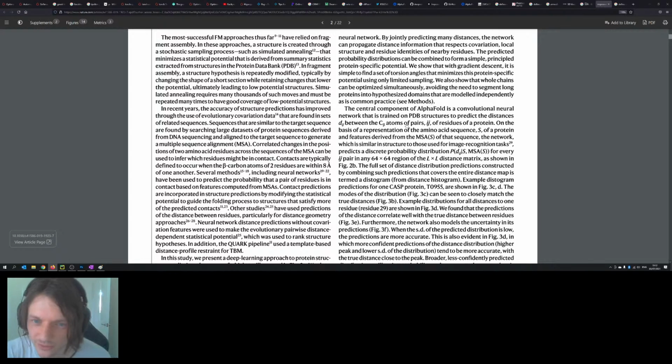The central component of AlphaFold, this part is so important, is a neural network trained on the structures in that database to predict the distances dij between the C-beta atoms of pairs ij of residues of a protein, on the basis of a representation of the amino acid sequence S of a protein and features derived from the MSAs of that sequence.